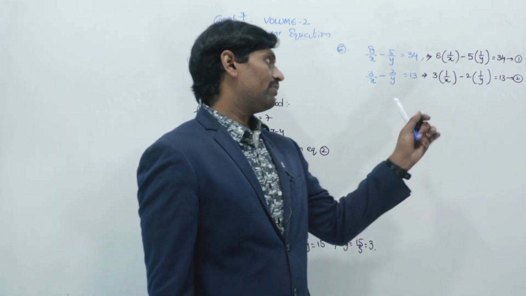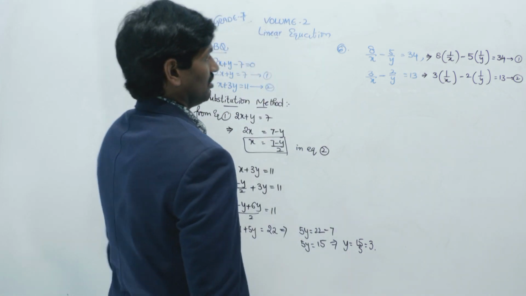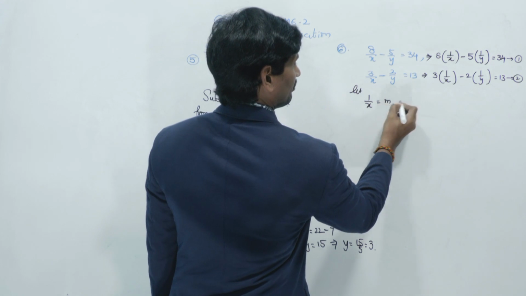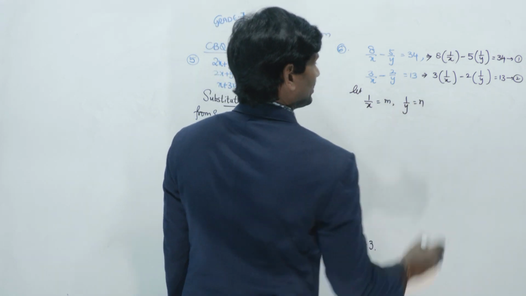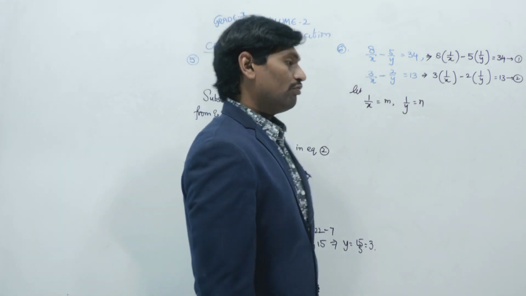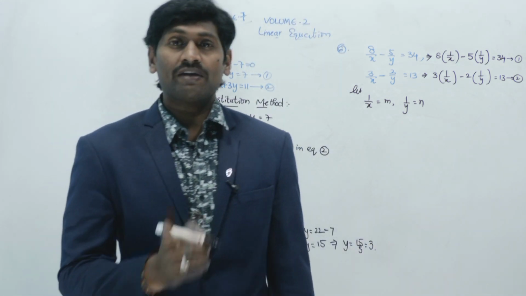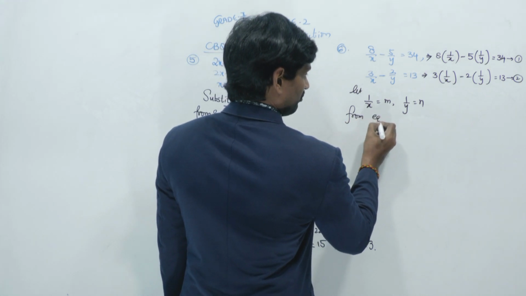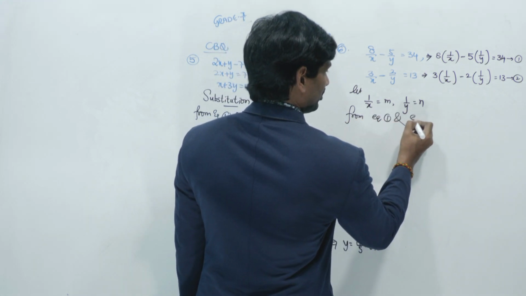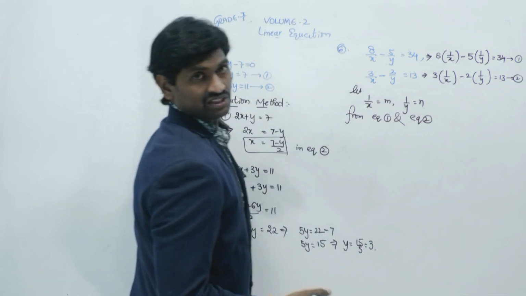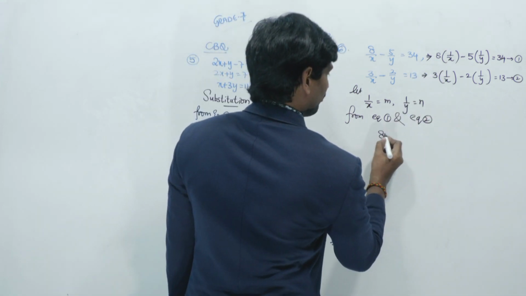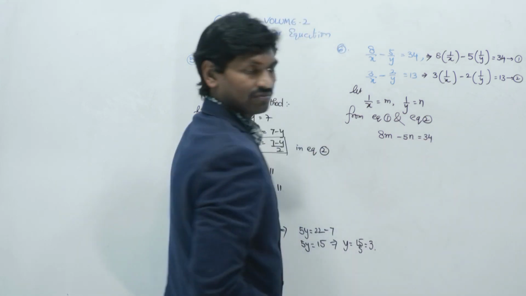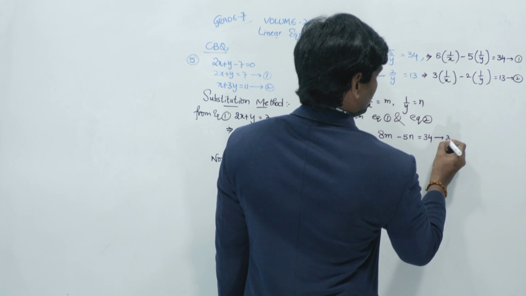But I don't want 1 by x and 1 by y values. Now, let 1 by x be taken as m, and 1 by y be taken as n. Now from equation 1 and equation 2, the new equations: in the place of 1 by x we can write m, so 8m minus 5n equals 34, equation number 3.